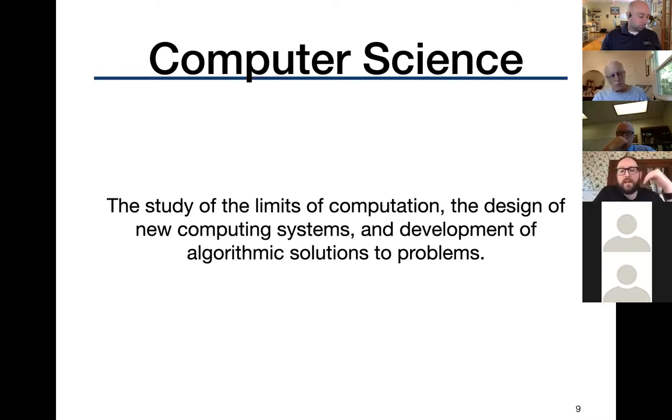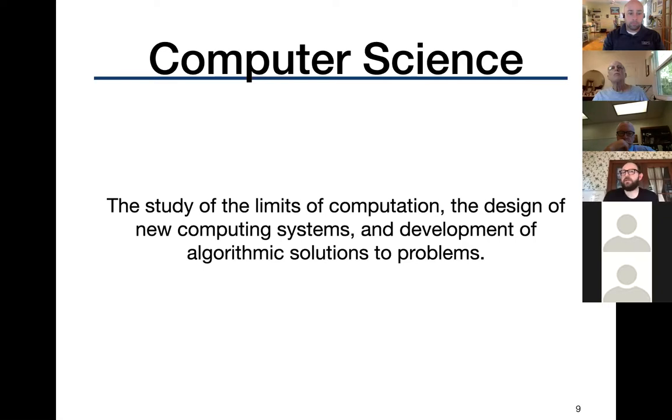So exactly what is a computer? That definition is even still changing. And then lastly, if I had to say that there was one core domain of computer science, I would say it's this third.